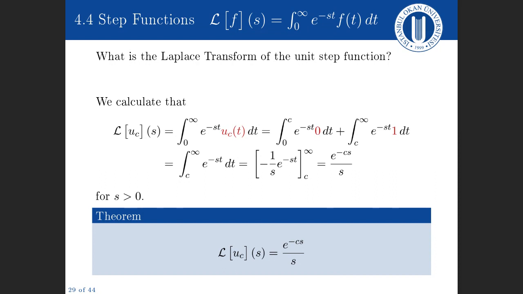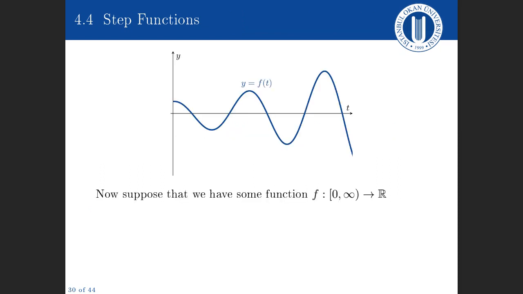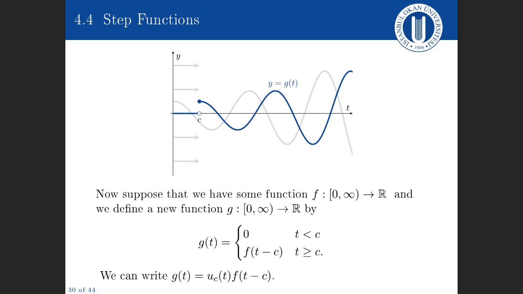Let's move on to the next idea. Let's suppose we have some function, any function, and let's suppose we want to shift it to the right. So I just imagine grabbing hold of this graph and pulling it to the right.